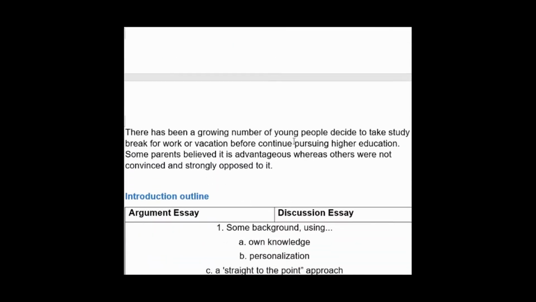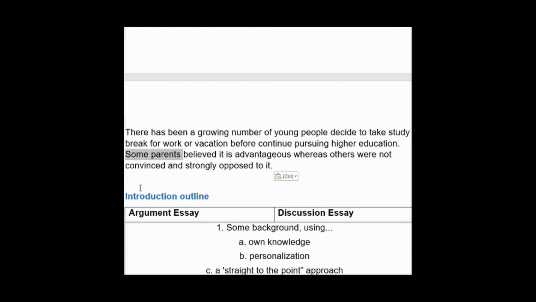So if we have a look at the introduction that this person wrote, well, the first sentence is kind of lifted from the task itself, but it does kind of tie your writing with the task. The background here about some parents, I think saying some parents is better than just saying some people, because remember, the task tells us that this is about young people who decide to take a gap year.